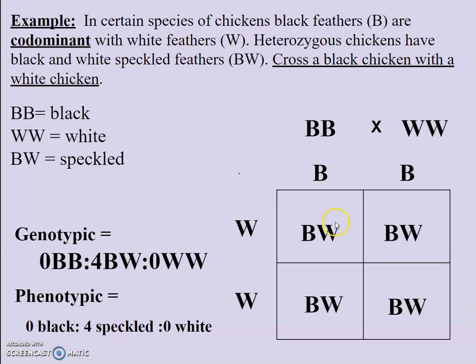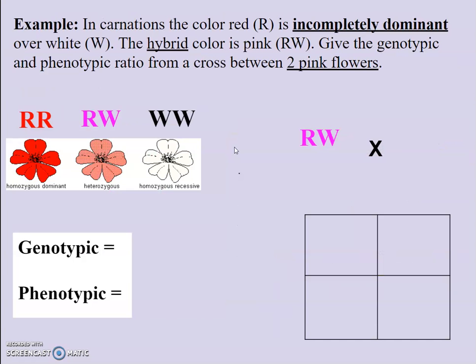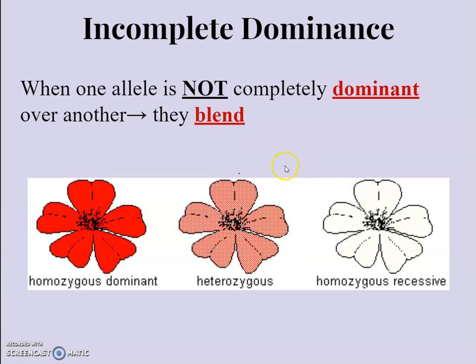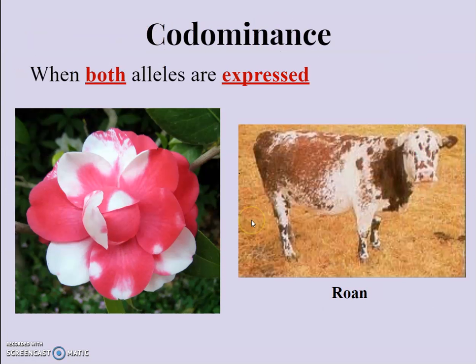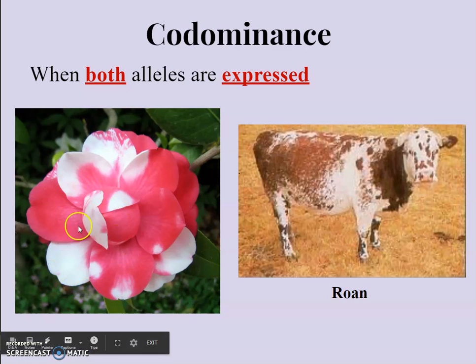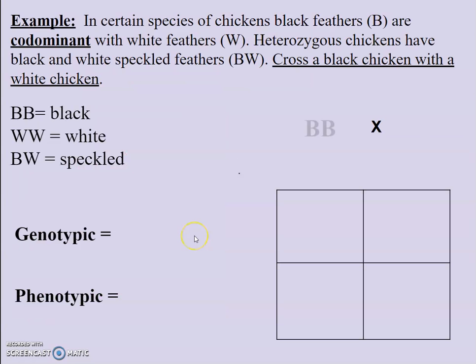So once again, when you have one of each codominant allele, you're going to end up seeing both of them present. The difference between incomplete dominance and codominance is that in incomplete dominance they're blending together, like blending of colors, so you end up with a mixture of the two. In codominance, both of them are expressed. So you're not seeing the pink mixing with the red or the red mixing with the white. You see both of them physically present.